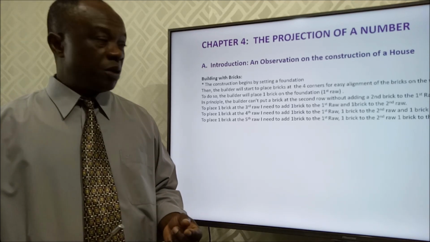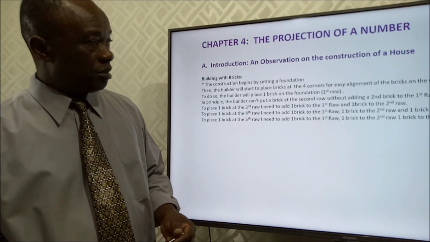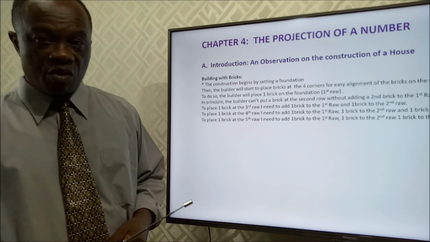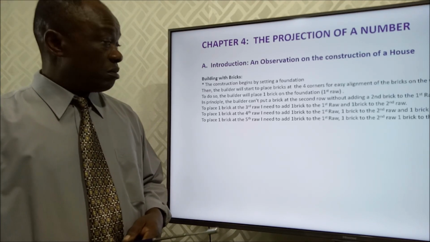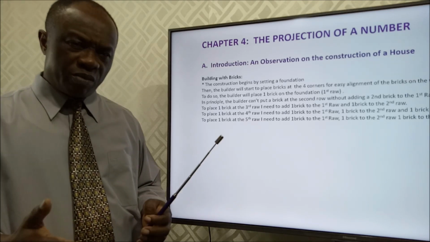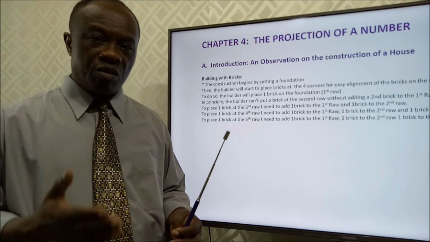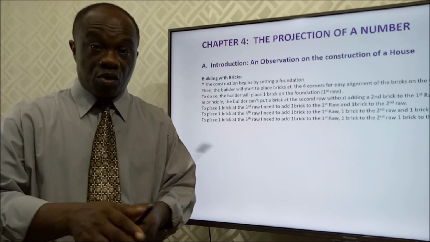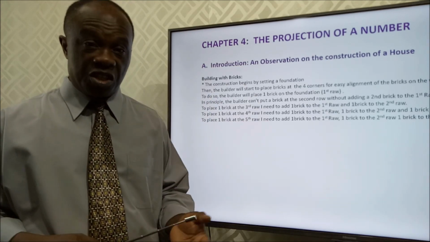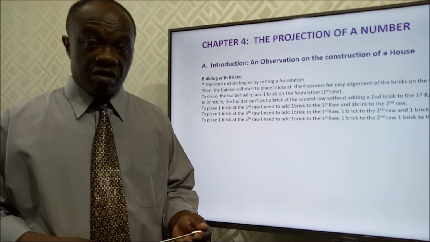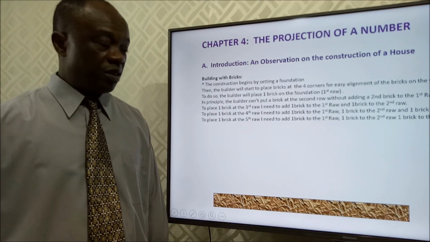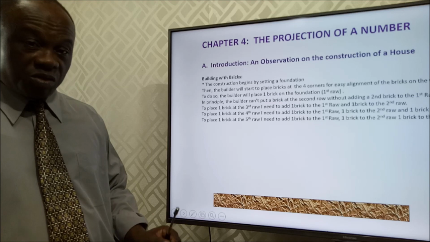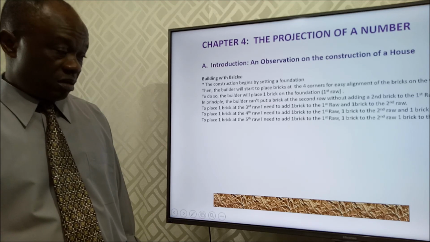I was observing people building houses with bricks. I was so much interested in what they did when they were putting the bricks on top of each other. And there I realized that after they laid the foundation, they will put first one brick.